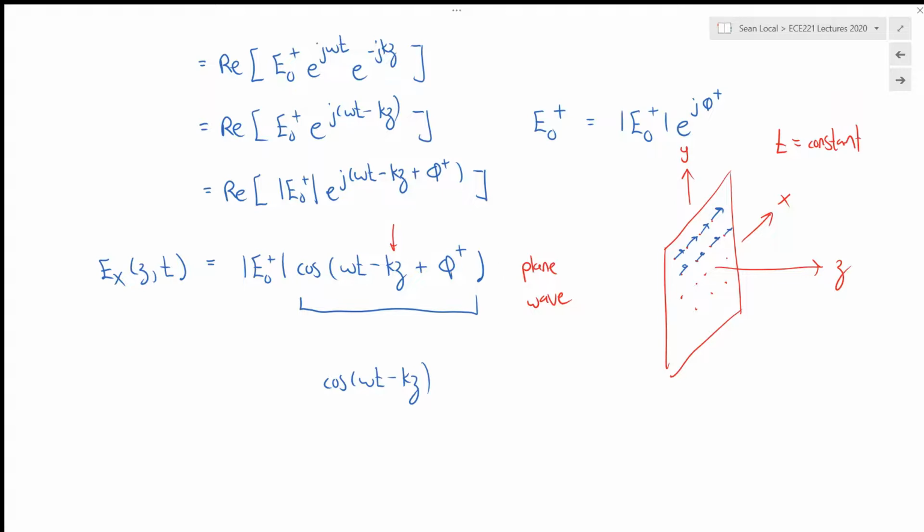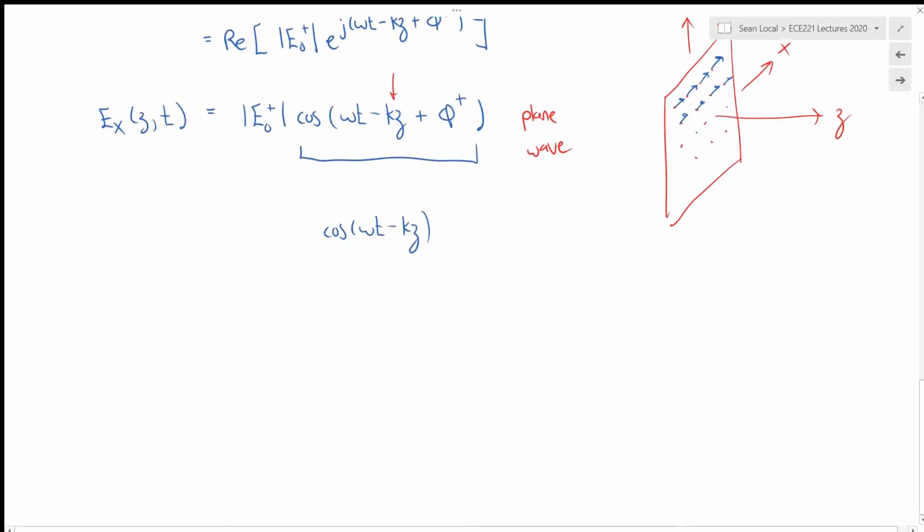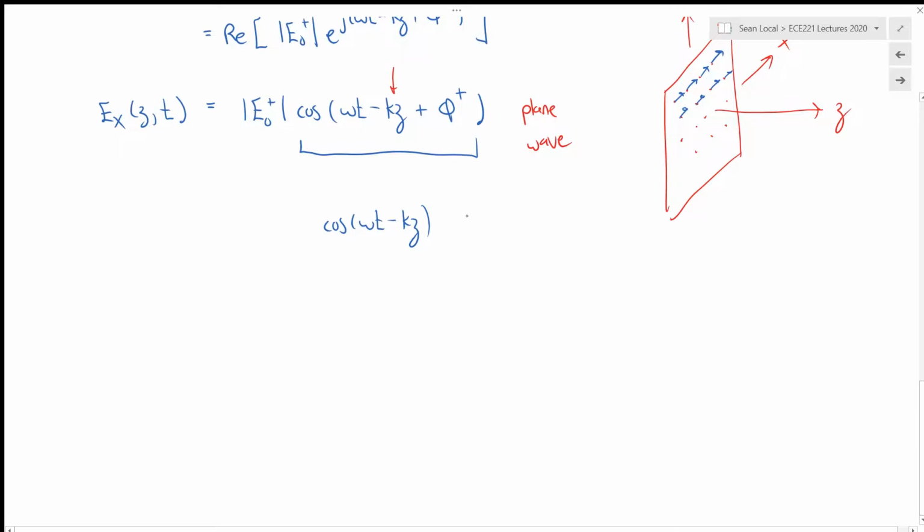So this function depends on both space and time. And if I'm trying to track a particular constant phase point on this, let's call omega t minus kz, let's call that v, right? Let's let v be equal to omega t minus kz.